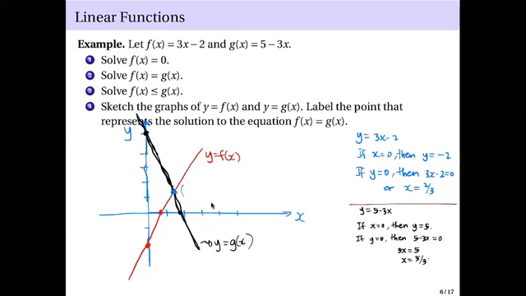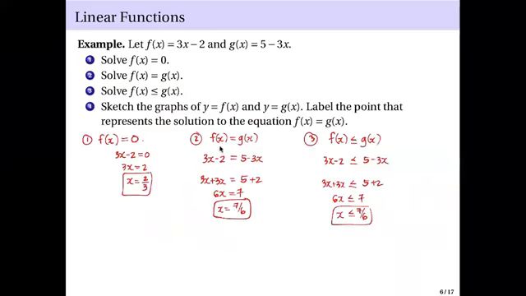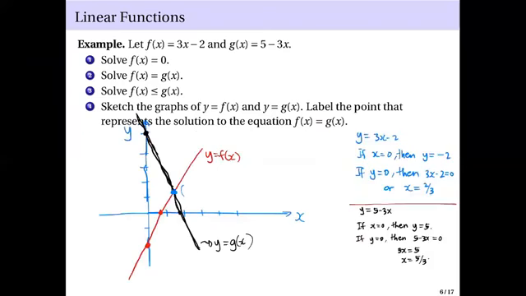And according to our computation, f of x equals g of x, so you have x equals 7 over 6. It doesn't look like x equals 7 over 6, but anyway, my scaling is not correct. But at least the x coordinate is greater than 1.